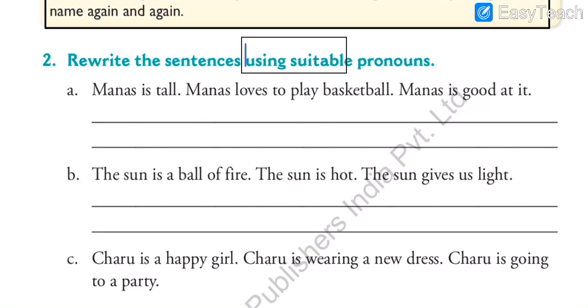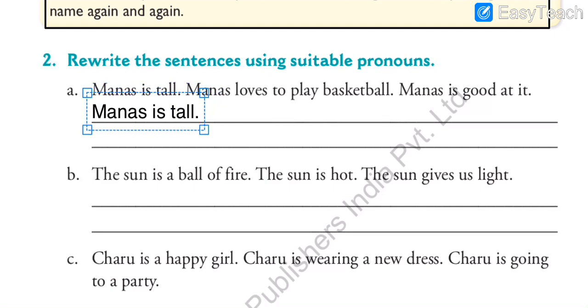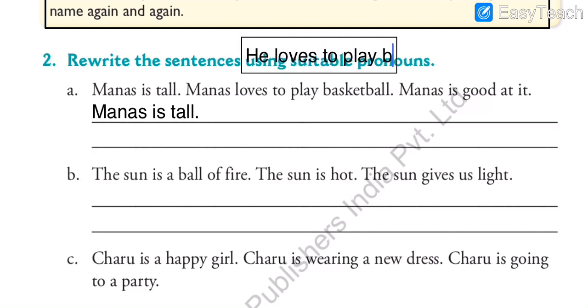So Manas is tall, full stop. This is the first part, correct. And after the full stop, what is written? Manas loves to play basketball. So instead of Manas, what are you going to put? He, correct. So he loves to play basketball, and then full stop.